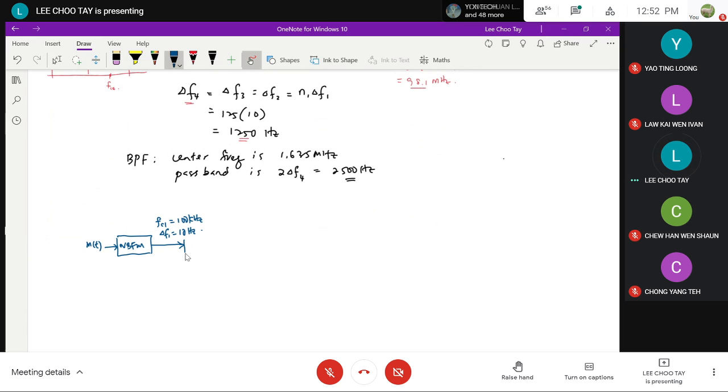Then it goes into a frequency multiplier with N1 being 125, followed by a mixer, where the FLO for the mixer is 10.865 megahertz.